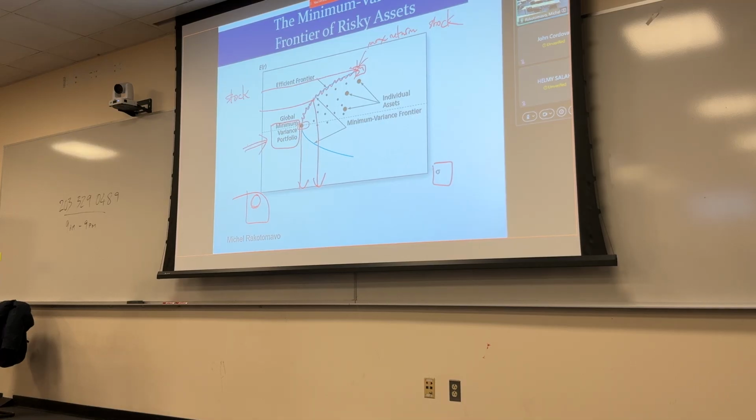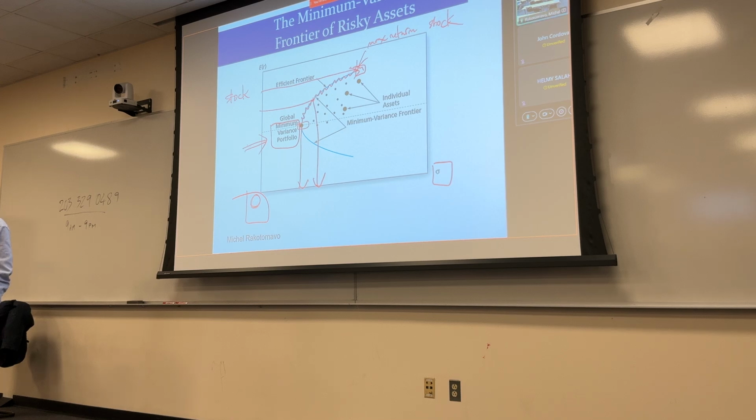So yes, we can make an assumption of a risk-free asset under those two conditions. But by default, let's recognize reality. There is no such thing as a risk-free asset.